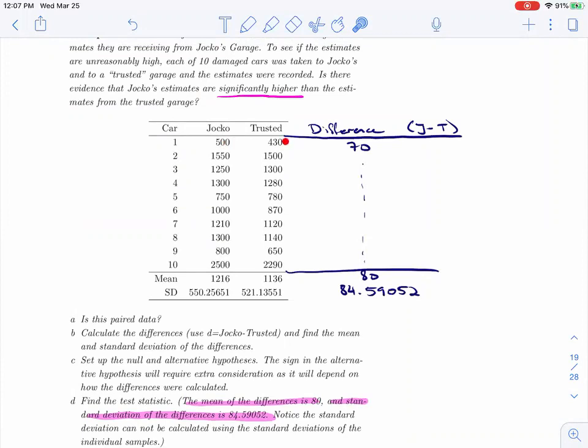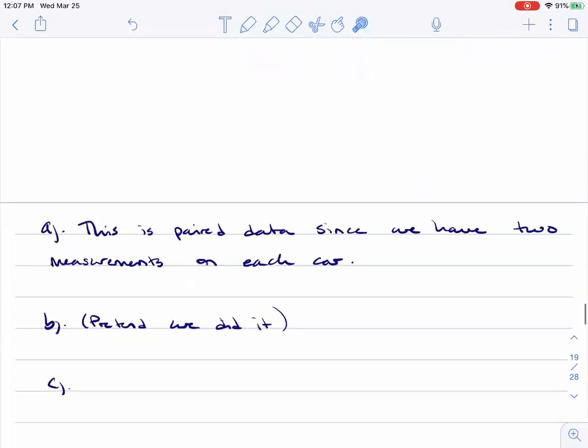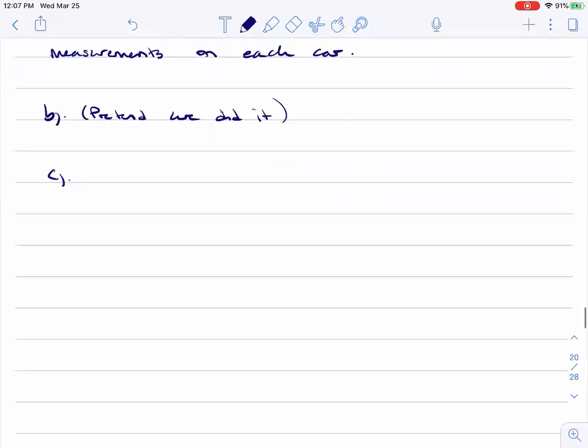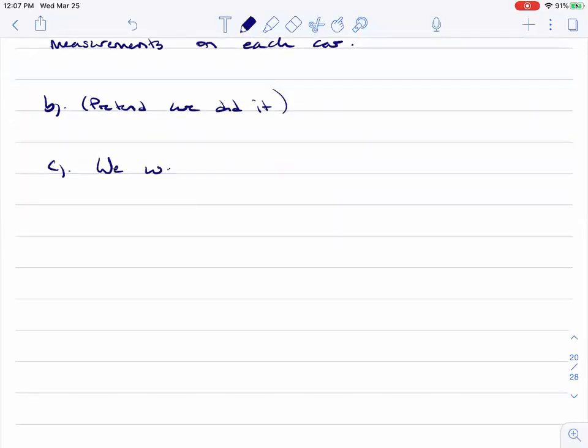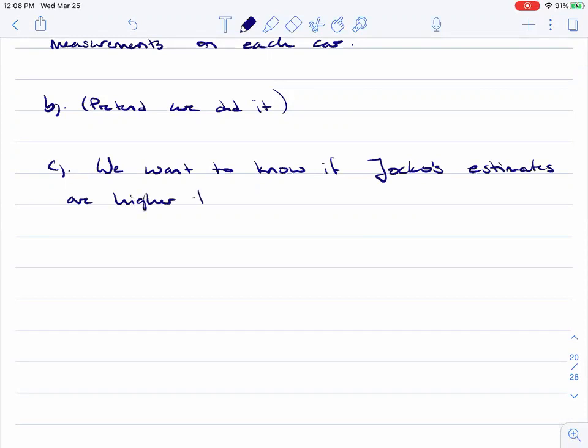If we calculate the differences the way we were asked to, we get a positive difference. So we want to know if Jocko's estimates are higher than the trusted garage.